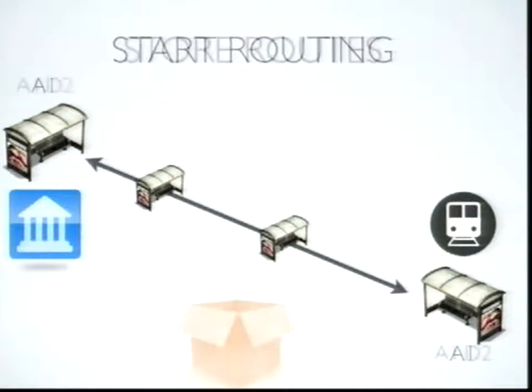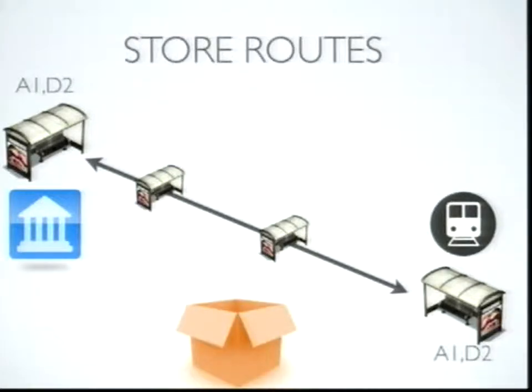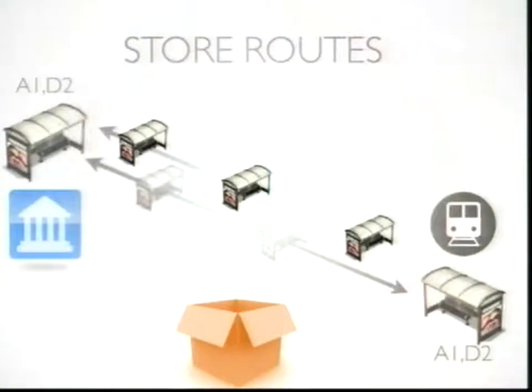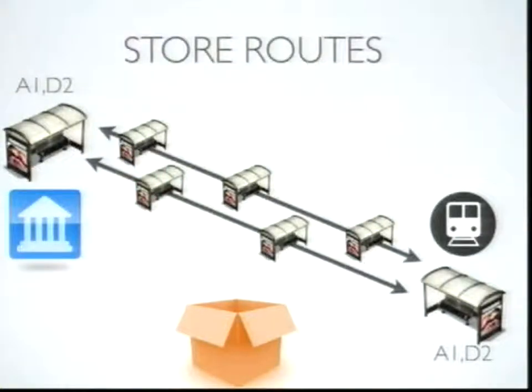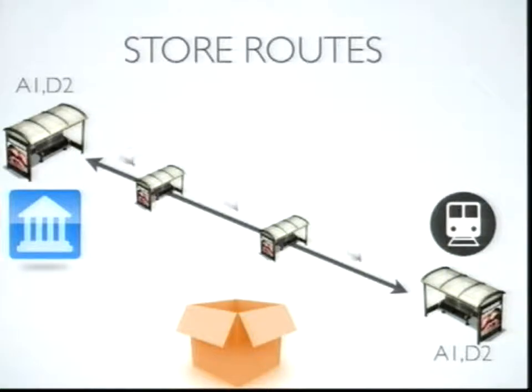Now, what happens if we have two bus stops such as A1 and D2? The A1 route is already drawn, but I shall draw in the D2 route as well. But if you notice, it has three bus stops. So what does this mean? I can store this route for the user to access later, but I will display the A1 route because that is the shortest route based on the number of bus stops.